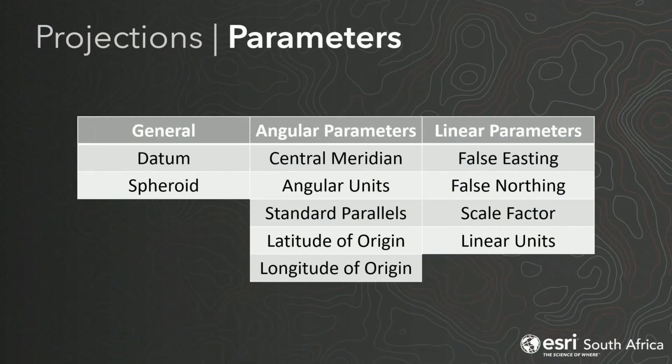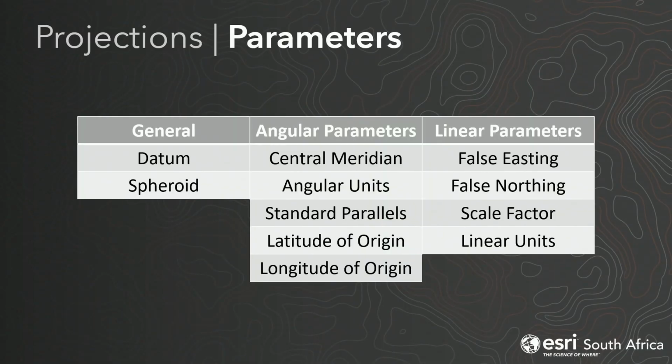So what longitude are we going to use? What latitude are we going to use as our origin of this projection? What units are we going to use? Are we going to use degrees, or a different angular unit? And then in the case of conic projections, what are our standard parallels? So what are the two areas where the lines are going to cut the Earth?